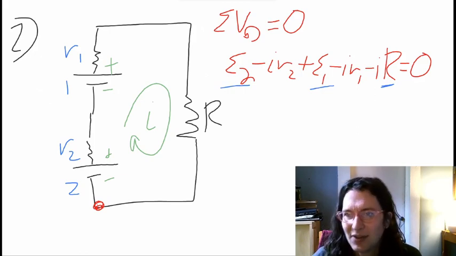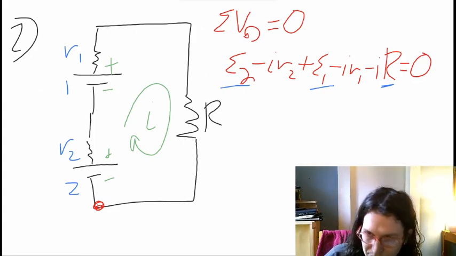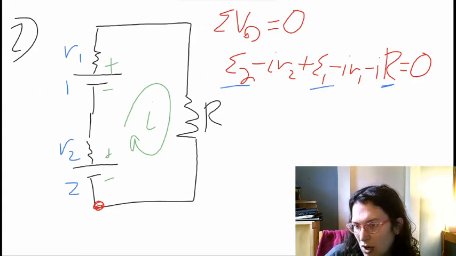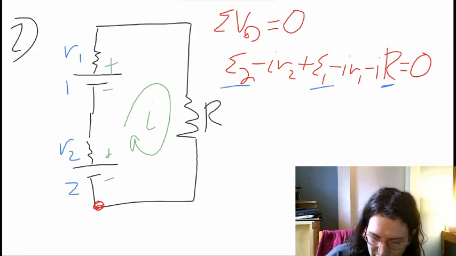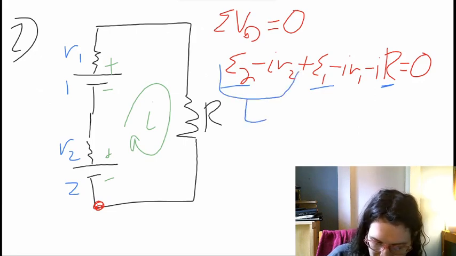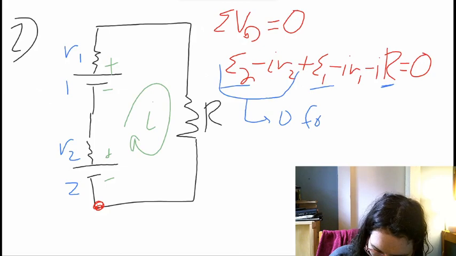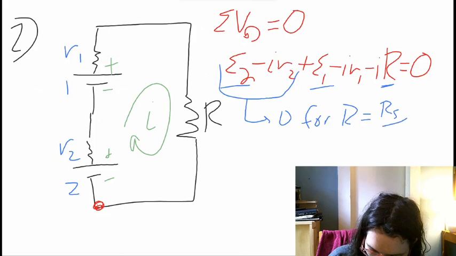So at the R value, where big R is equal to, it looks like it's R sub S on 2, we know that this entire thing here will be equal to 0. So this is 0, for big R equal to R sub S on 2.